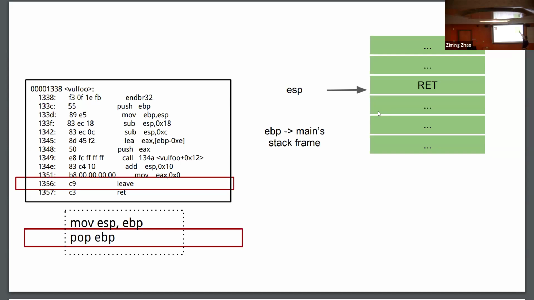Technically they are undefined values, but they're still there, so there may be some information leakage problem as well. Now after that, we have the return instruction, and this return instruction will pop this return address into EIP and ESP moves up.